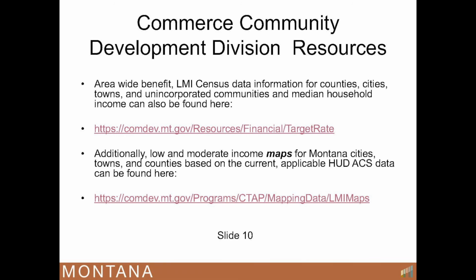Additionally, the Community Development Division has prepared maps that illustrate low and moderate income areas for Montana cities, towns, and counties, again based upon the current applicable HUD ACS data, and you'll see the link there at the bottom of slide 10.